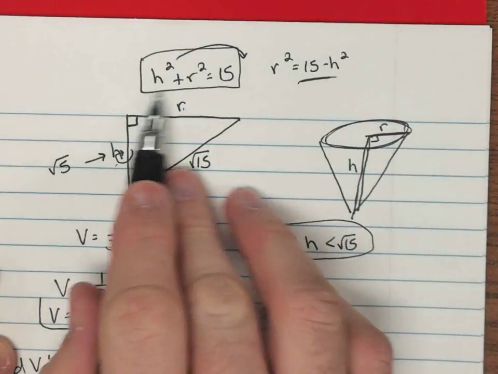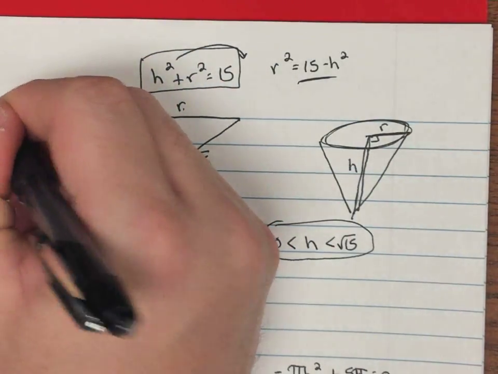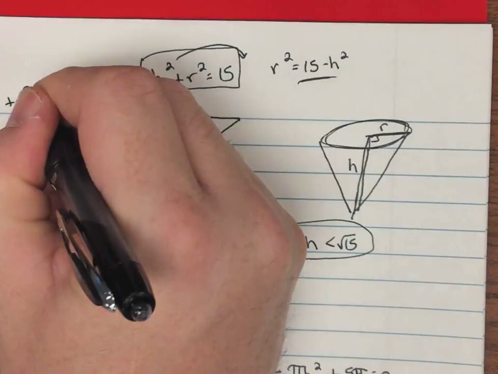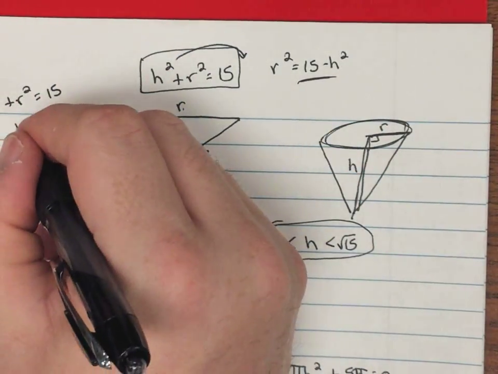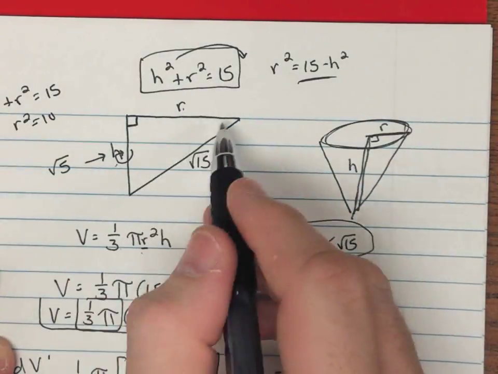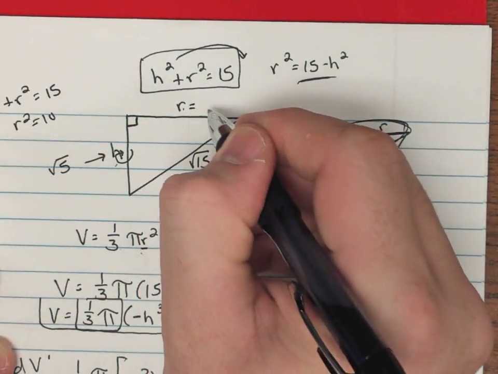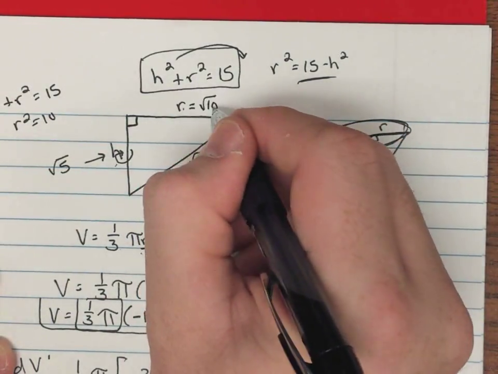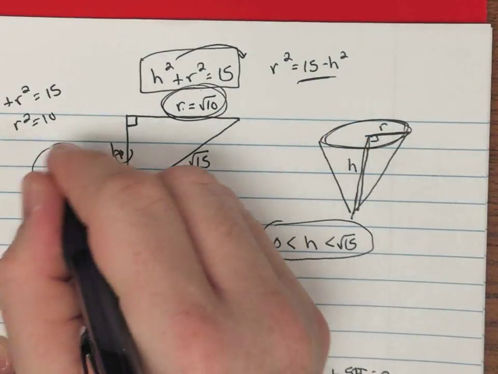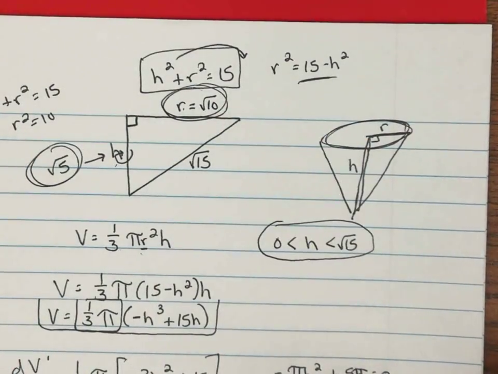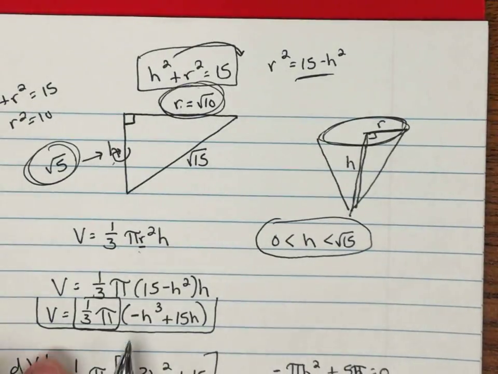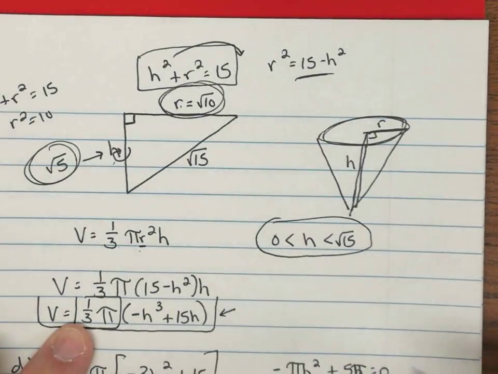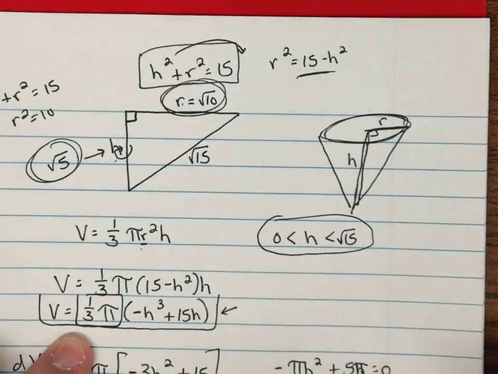So Pythagorean theorem: root 5 squared plus r squared equals the square root of 15 squared. Subtract 5, and r squared is 10. The radius is also restricted to positives, so the radius would be root 10. There are two of my answers. And if it asks you for the maximum volume, we can plug the root 5 back in here, and that's going to tell you the volume that's actually going to maximize.